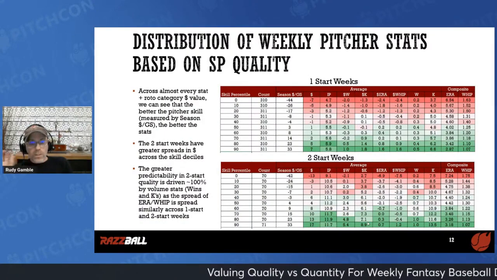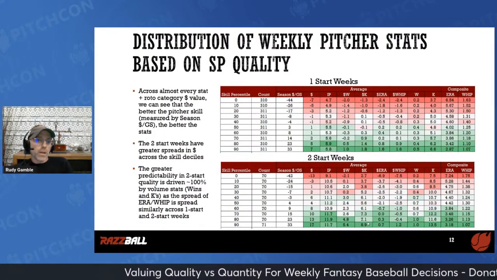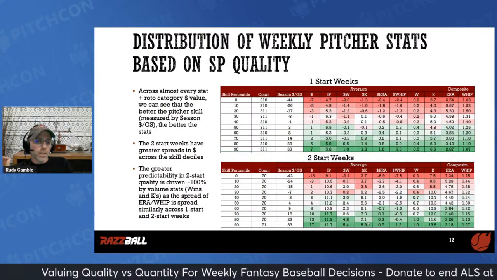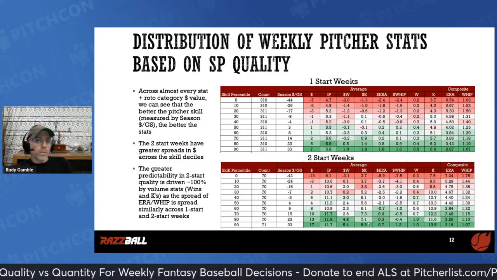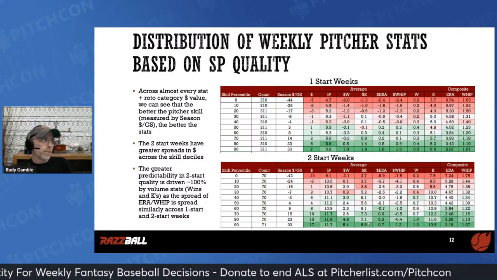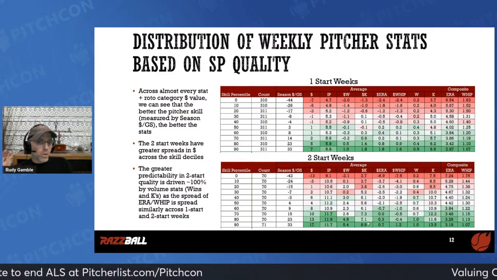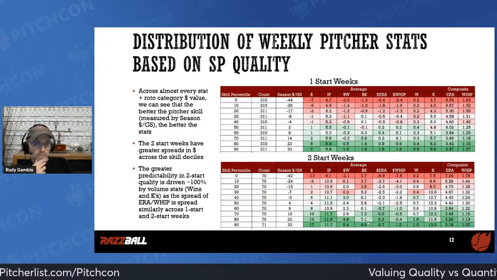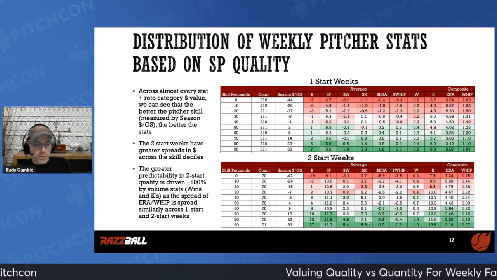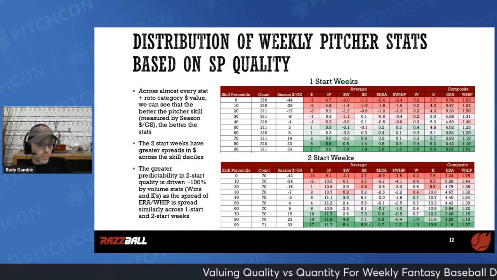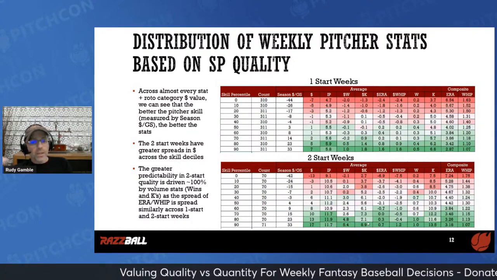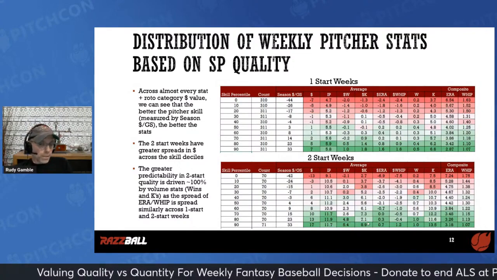What I've done here is distributed across deciles for one-start weeks and two-start weeks based on the skill, season dollars per game started. In both of them, the worst pitchers who qualified based on 5+ starts are like negative $44 on average. The best ones get to like $33.